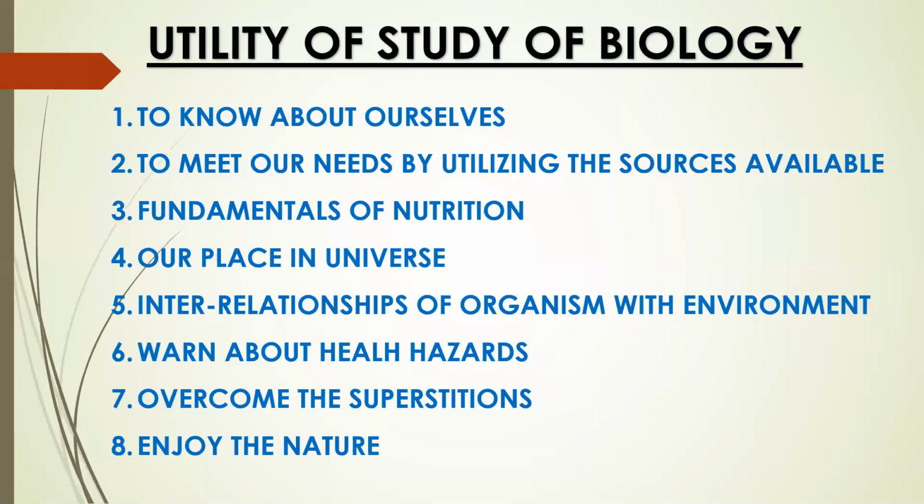Because of biology we meet basic requirements like food, clothing, and shelter. So all this is happening because of biology. Biology is a vast area where you get a number of important things which support the life of mankind as well as plants.